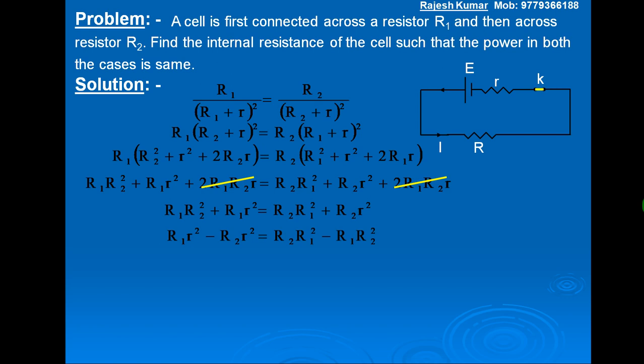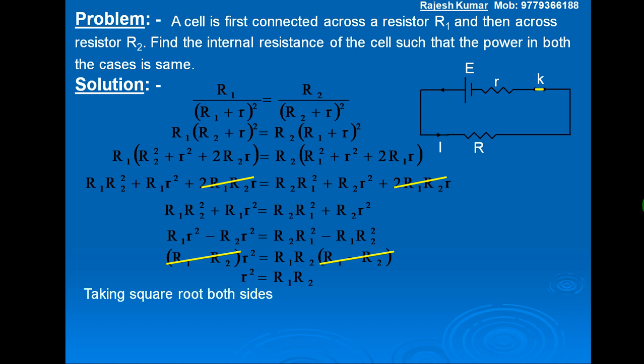Now taking r square common from the left hand side, we get (R1 minus R2) into r square is equal to, in the right hand side, R1 R2 common, within the bracket we get (R1 minus R2). Again on both sides, (R1 minus R2) cancel each other. So we get r square is equal to R1 into R2.